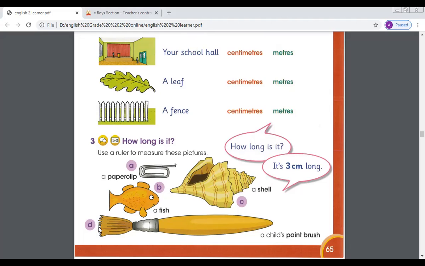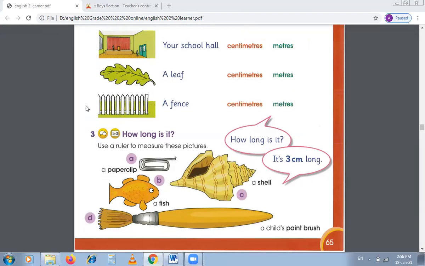With the scale you measure the length from here up to here, how long it is, how long this fish is, how long this shell is, and how long this clip is. You measure this with your scale and write it here on the top. Okay boys, this is our topic today. You must revise this, and you must know which thing we use to measure length long ago and now, because it changed.